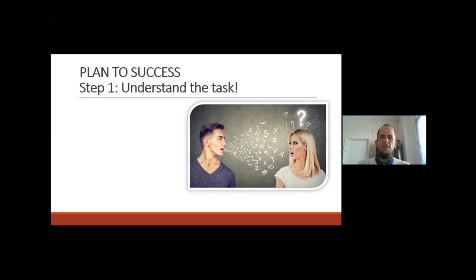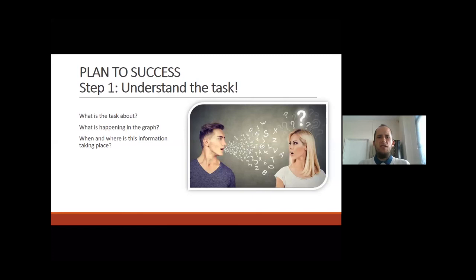So the first thing that we really need to do, just as in part 2, is understand the task. However, it is a little bit more difficult in task 1. We need to ask ourselves more questions. What is the task about? We want to know what the topic is, what the information is doing, what is happening in the graph.